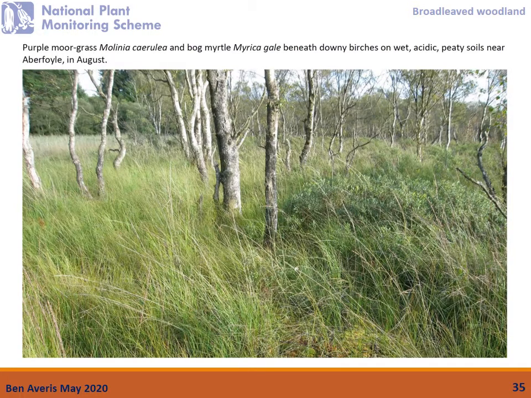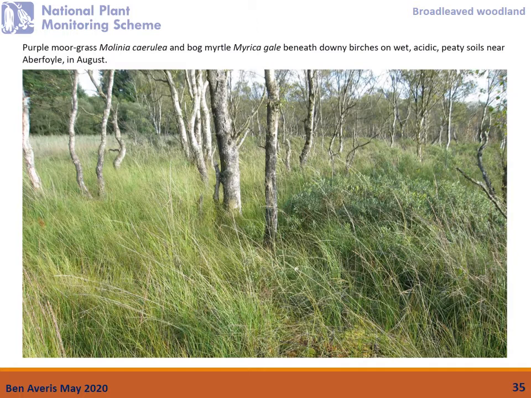Here's some downy birch on very wet ground with purple moorgrass, tussocks of purple moorgrass. Big grass forms tussocks. That's one of the grasses, by the way, that has leaf blades that get narrower down towards their bases. And it grows mostly on pretty acid, damp to wet, peaty soils.